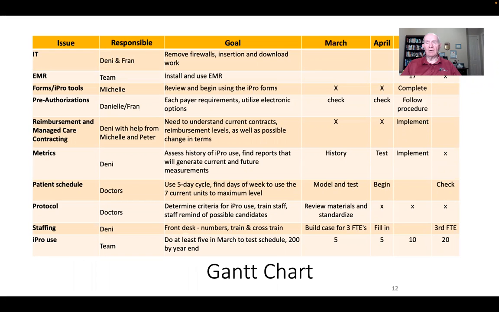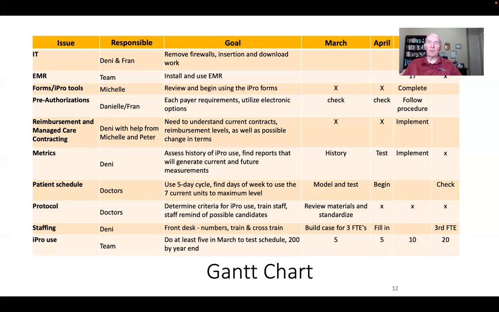So we can use something called the Gantt chart, which is nothing other than using an Excel spreadsheet, where you put the issue in one column, who's responsible in a second column, the goals in the third column, and then the fourth, fifth, sixth, seventh, eighth, ninth column, whatever, would be the time frame. It'd be a day, week, or month that you would be looking at. And down from your headings, you would then talk about what the tasks are that are going to be assigned and needed in order to accomplish that.